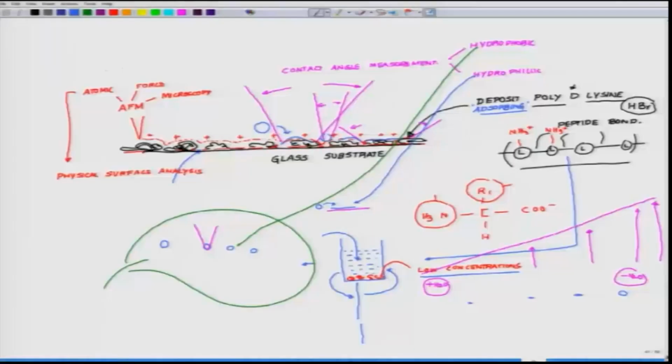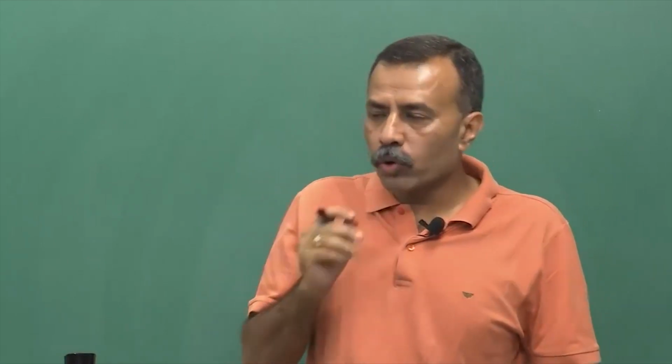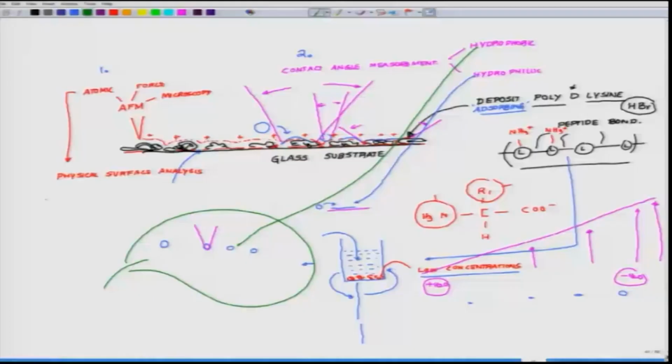So what all did we talk about? We talked about how you have to do atomic force microscopy as the first technique to know the surface. Second, you have to do a contact angle measurement as the second level of test. The third thing you have to do is, when you are putting any compound on the substrate, whether it is getting adsorbed, or forming a thin film, or forming some kind of chemical coupling, it is always a good idea to do a surface chemical analysis.